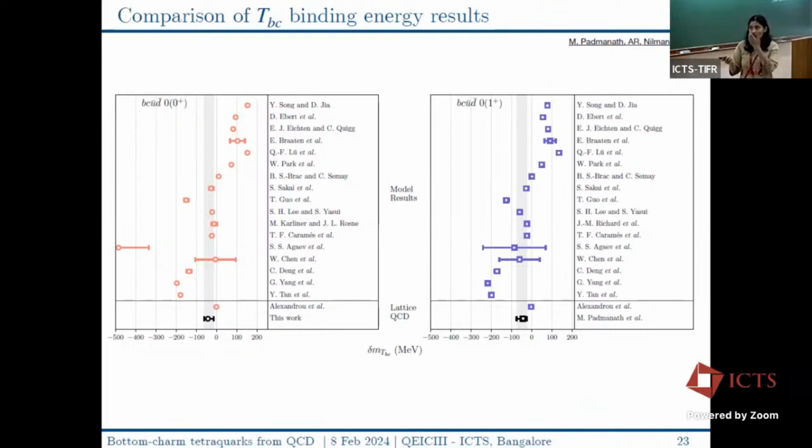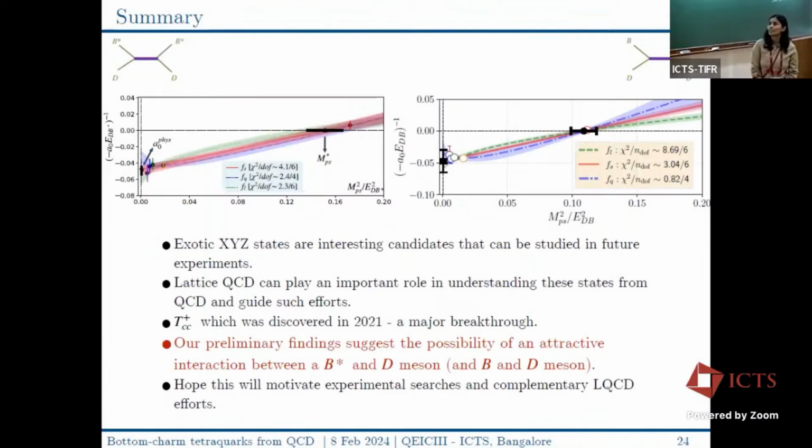So theoretically, we need improved calculations and more effort in this direction to understand what QCD actually tells us about these states. And we see that lattice QCD plays an important role by saying whether these things exist in QCD or not. And yeah, with this, I would come to the end of my talk.